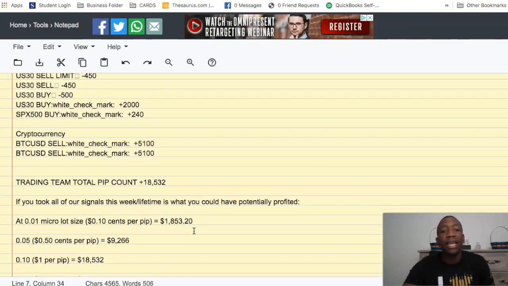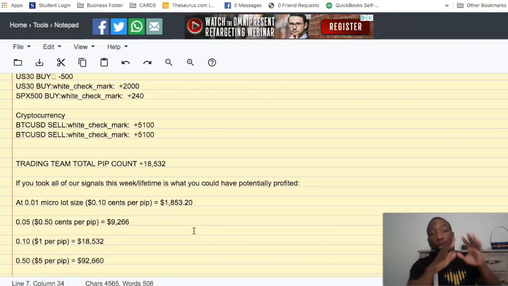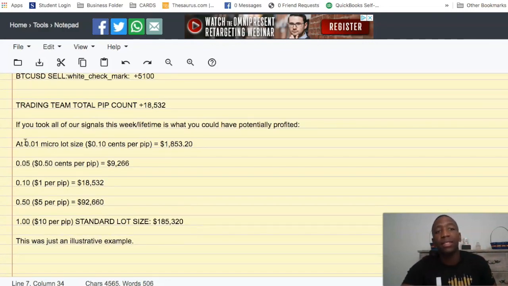Now, if you were to take all of these signals, let it be known, here, 0.01 with a micro lot size, you would have made $1,853.20. If you did 50 cents per pip, you would have made $9,266.